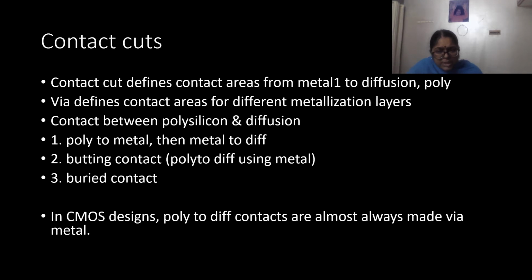The first method is using the metal, that is poly to metal and then metal to diffusion. Similarly, a butting contact, that is poly to diffusion using the metal, and a buried contact can be used for contact between polysilicon and diffusion. In CMOS designs, poly to diffusion contacts are almost always made via metal.